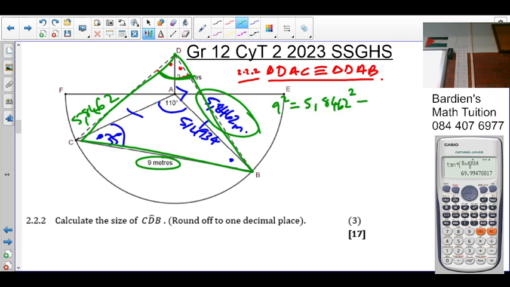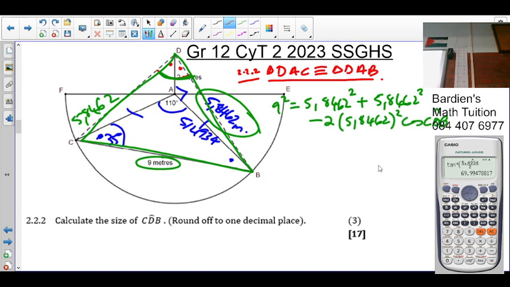9 squared equals 5,8462 squared plus 5,8462 squared minus 2 times 5,8462 times 5,8462 squared cos of CDB.